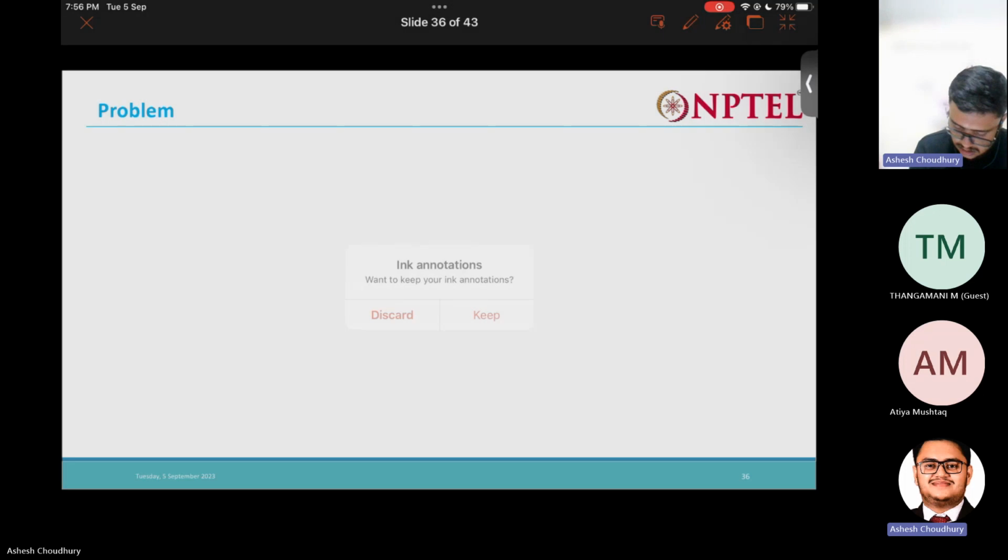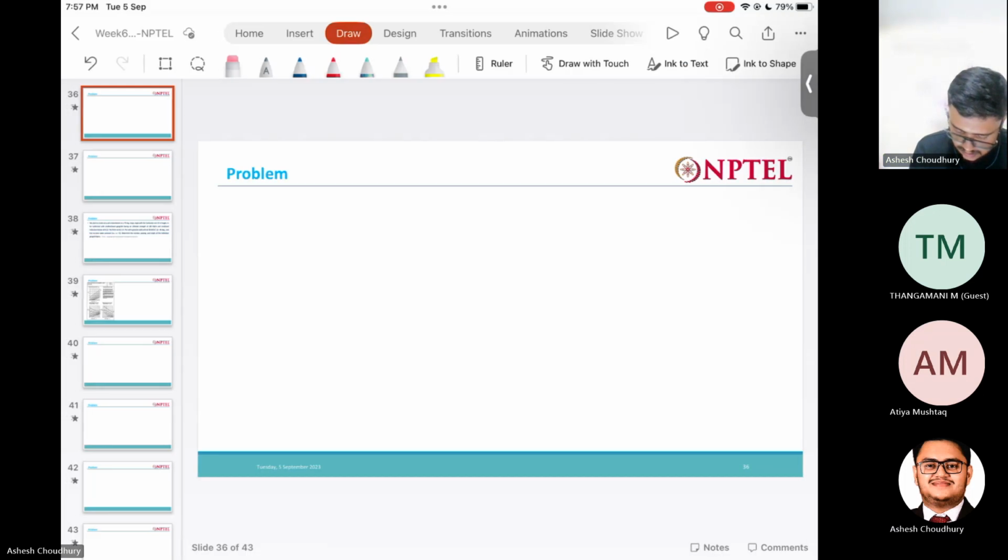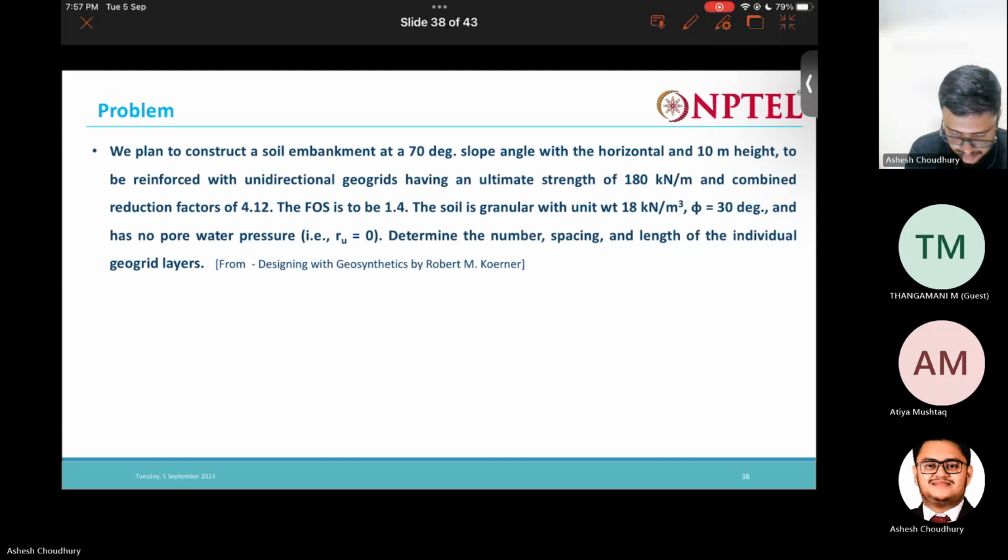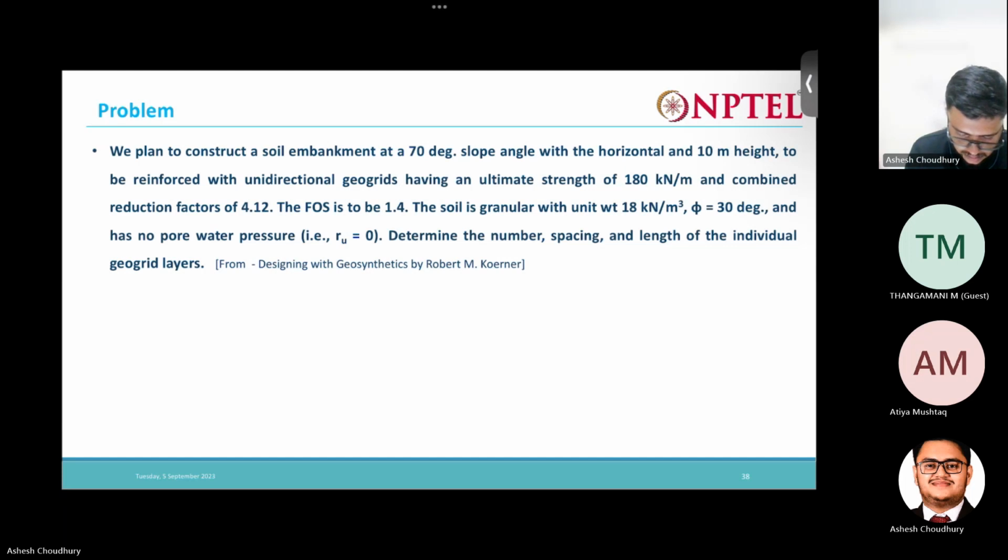Let's see the question. We plan to construct a soil embankment at a 70-degree slope angle with the horizontal and 10-meter height, to be reinforced with unidirectional geogrids having an ultimate tensile strength of 180 kilonewton per meter and a combined reduction factor of 1.1.